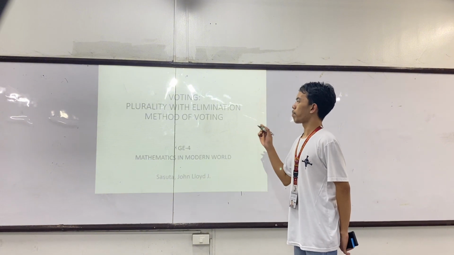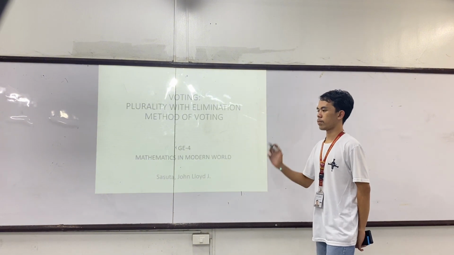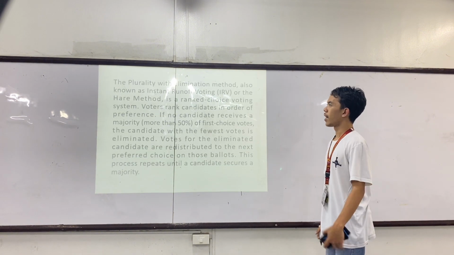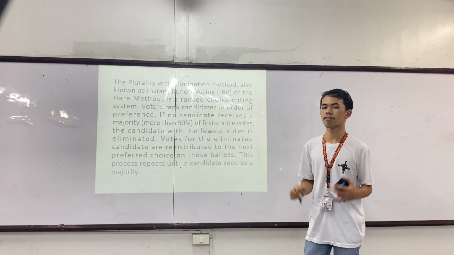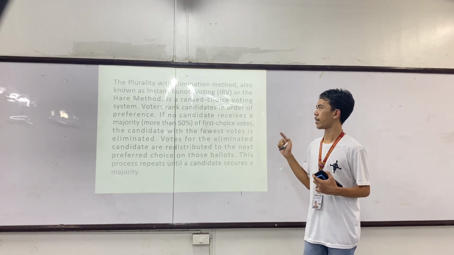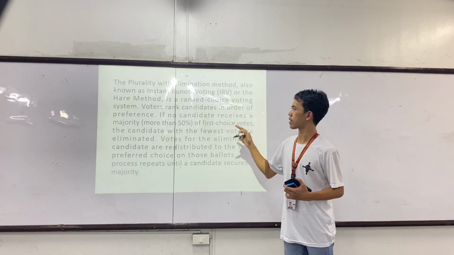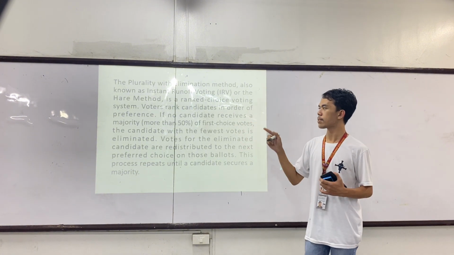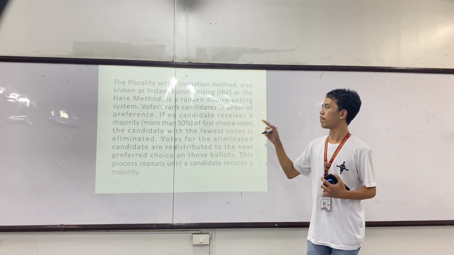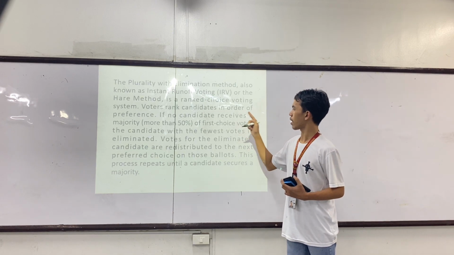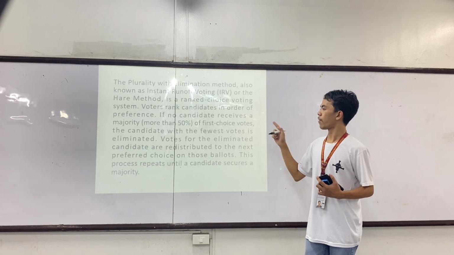So what is the plurality with elimination method? The plurality with elimination method, also known as instant runoff voting or IRV, is a ranked choice voting system. The voters rank candidates in order of preference.